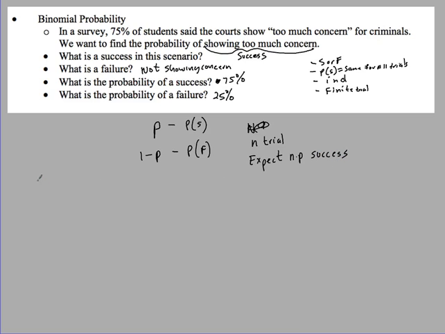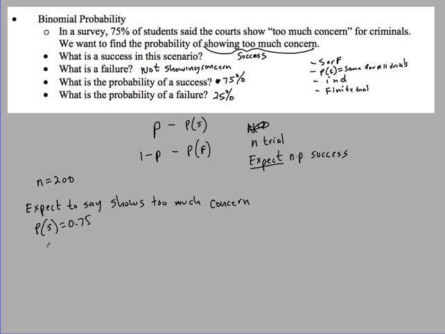For example, let's say I had 200 people here. How many do I expect to say it shows too much concern? For every 100 people, if the probability of success is 0.75, then every 100 people, I have 75.